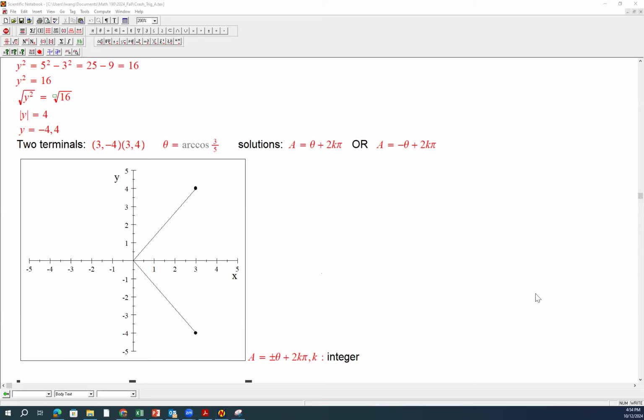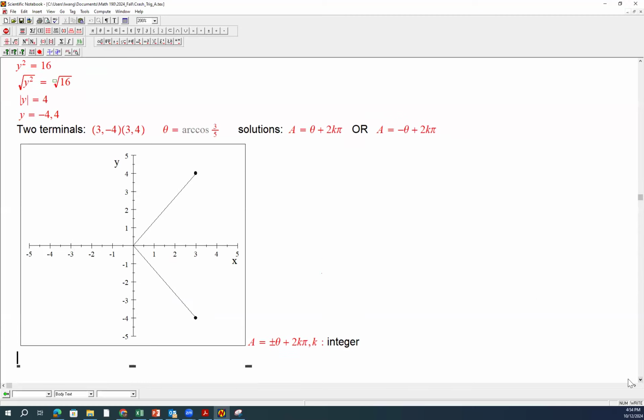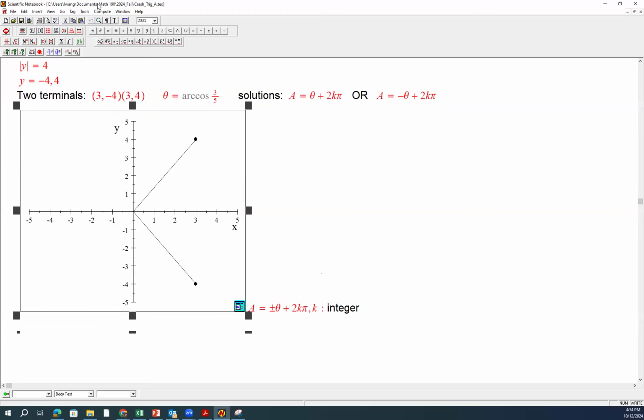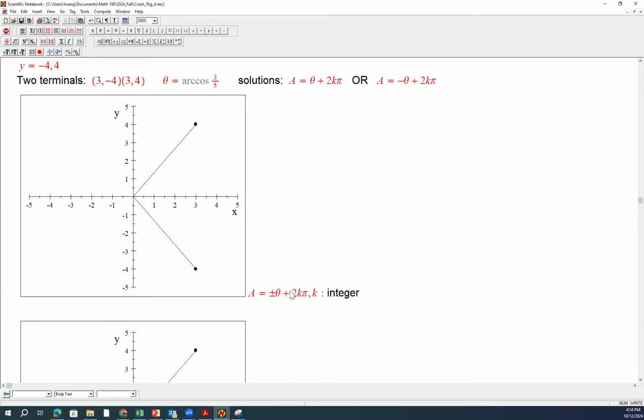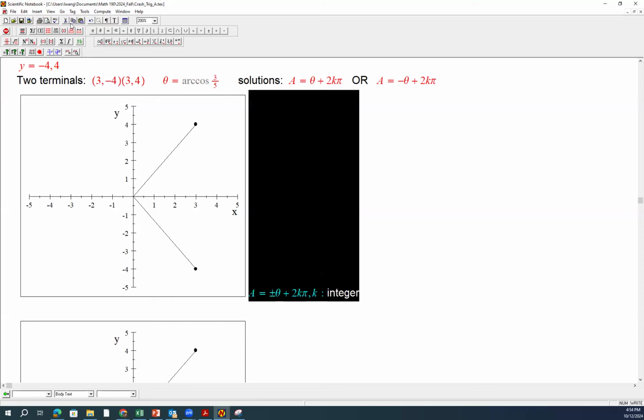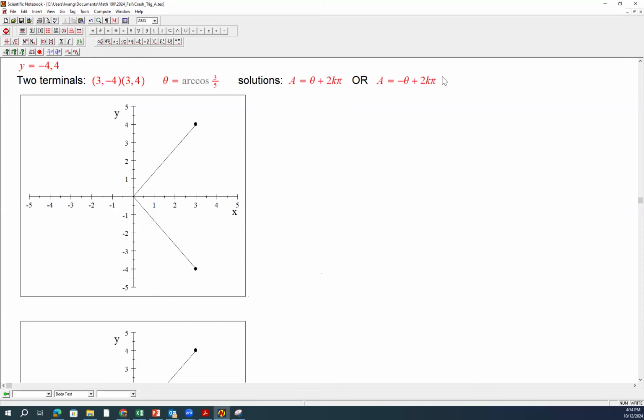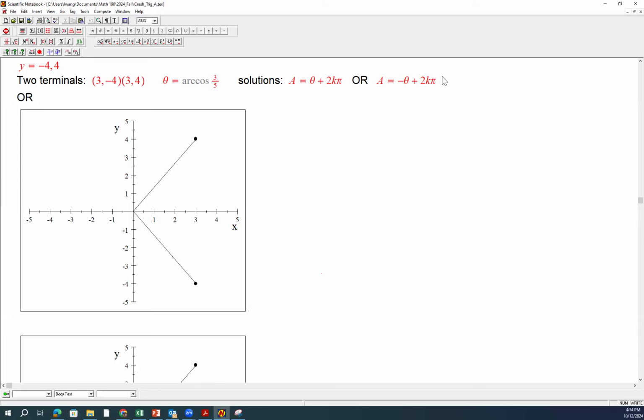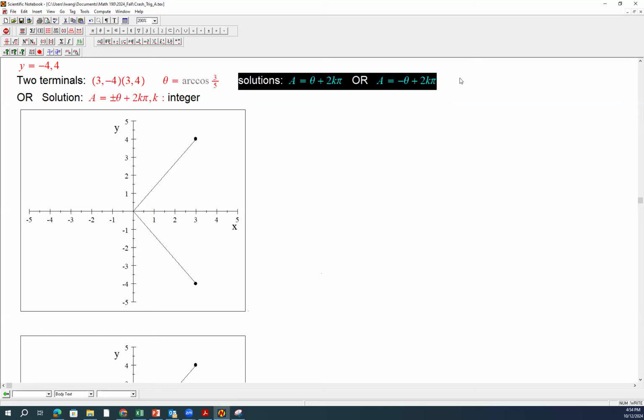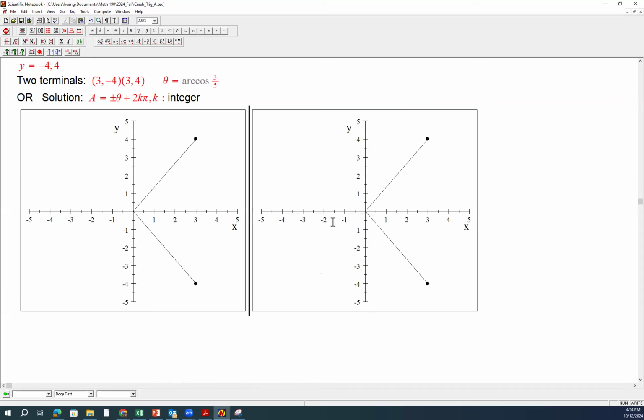But for now, I want to give you some information about it. Here is the final solution, or another way to represent the final solution in this compact form. If you write this, you would not need to do that. So just merge into one.